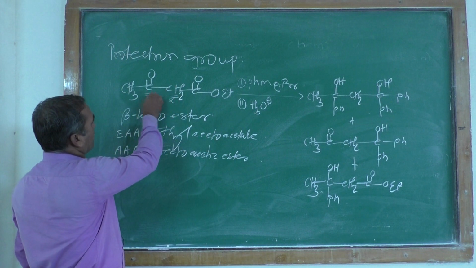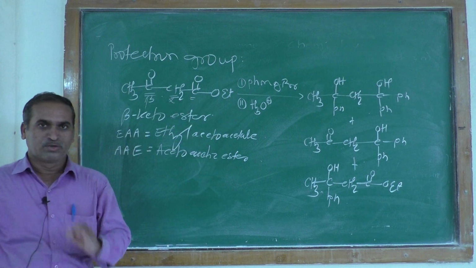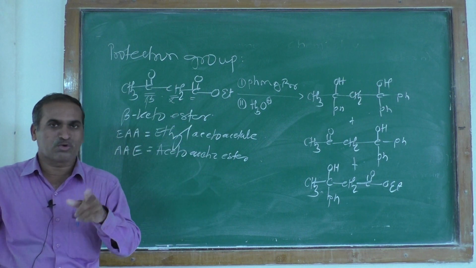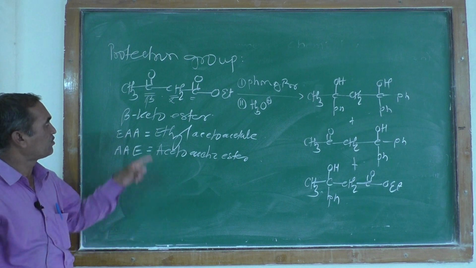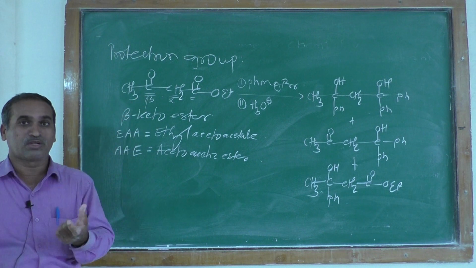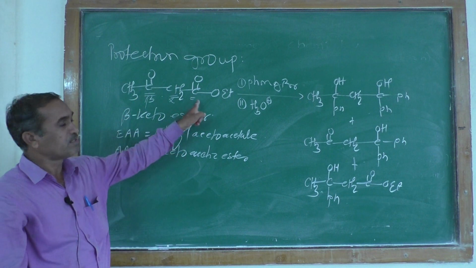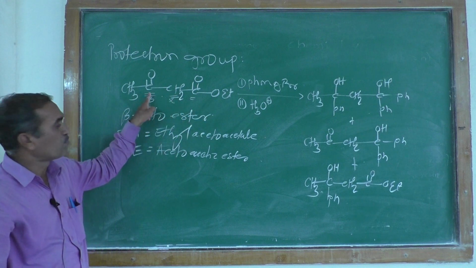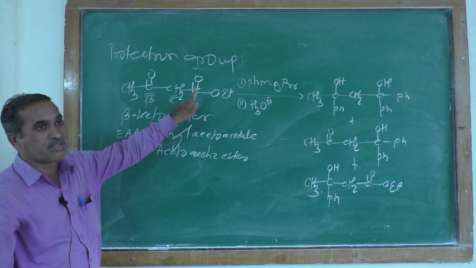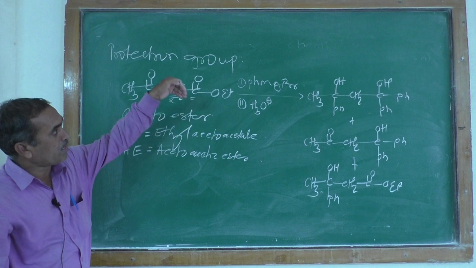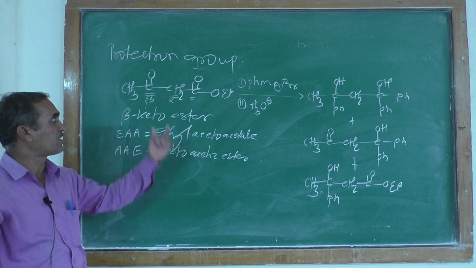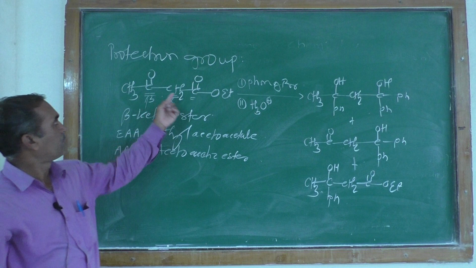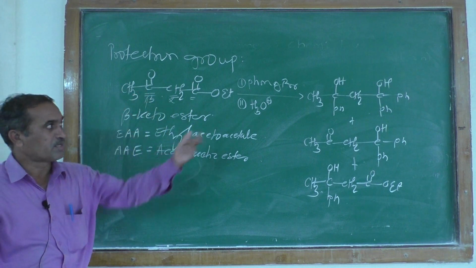If you compare the two carbonyl groups, which one do you think is more reactive? As we know, the ketone carbonyl group is more reactive than the ester, and therefore this is more electrophilic in nature than this. And when we add a Grignard reagent, both carbonyl groups give a tertiary alcohol.